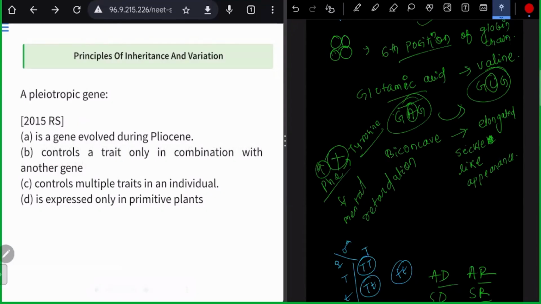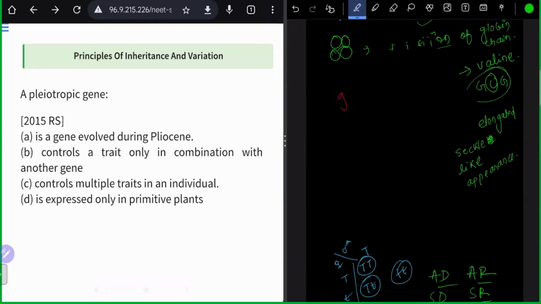Next up we have: what is a pleiotropic gene? You can remember it as one single gene whose manifestations are many. That means a single gene exhibits multiple phenotypic expressions, multiple effects. Like in phenylketonuria, an enzyme is absent which converts phenylalanine to tyrosine.